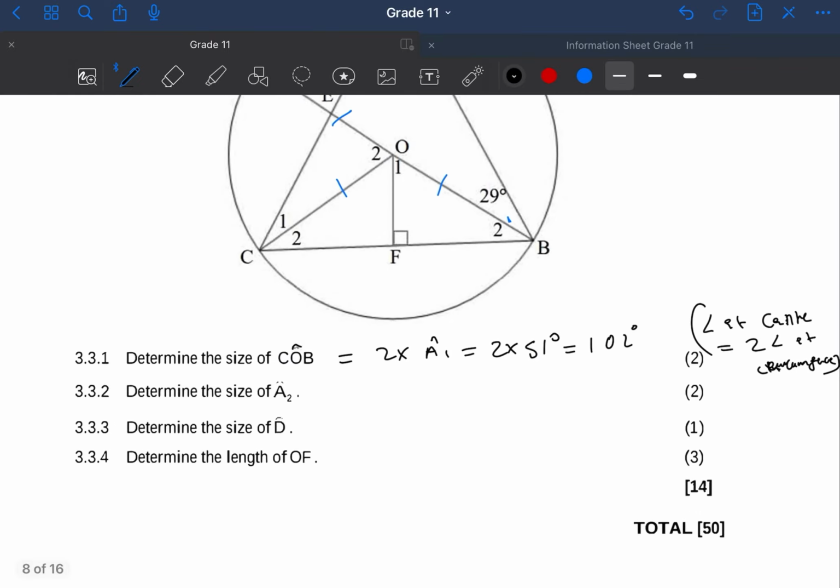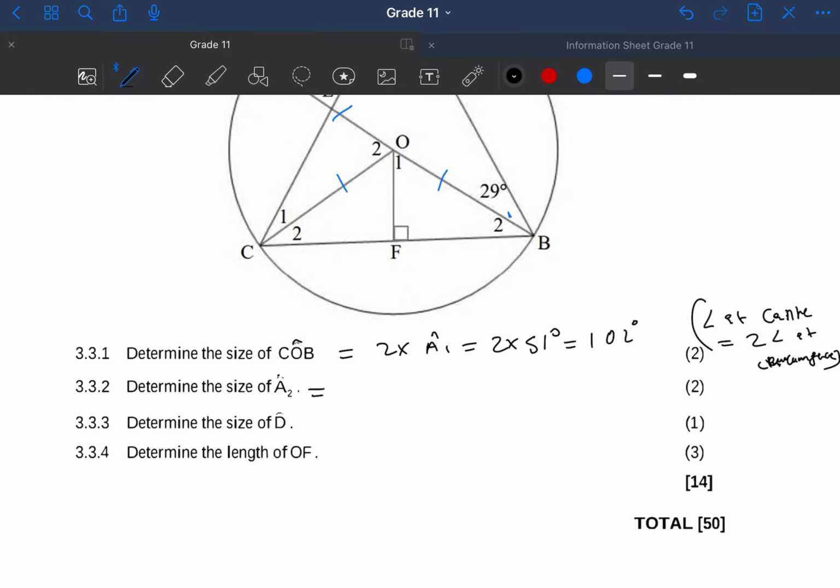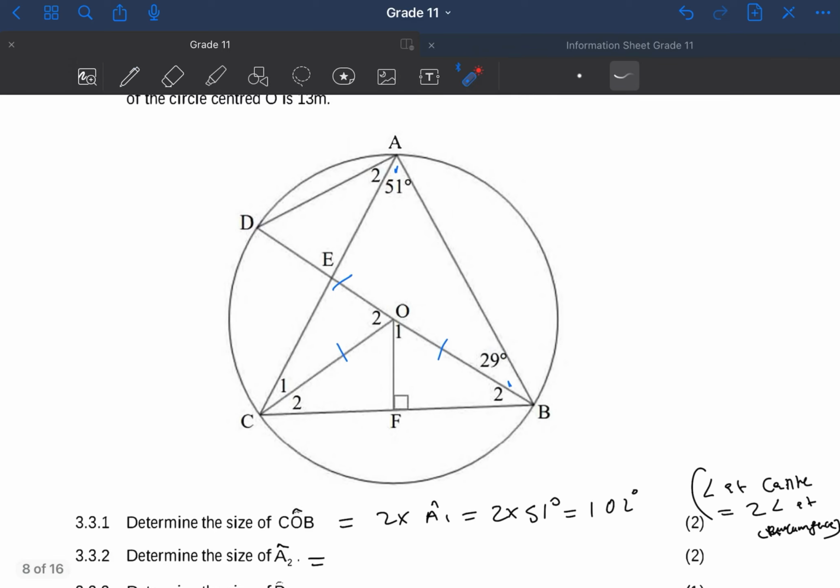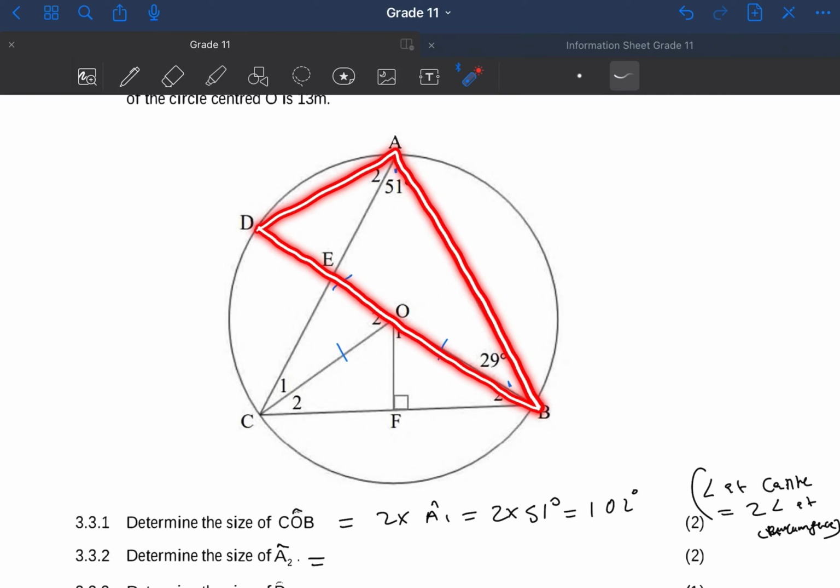Okay, and then angle A2. So you're looking at this angle here. What is angle A2? If you look at this diameter here, we have a theorem that says if you have a diameter and then you have an angle over there, this angle here is equal to 90 degrees.